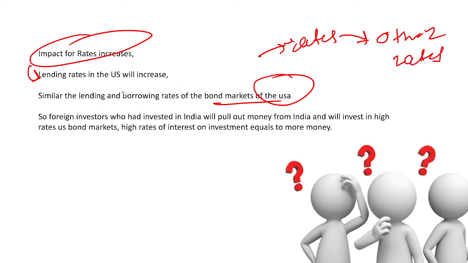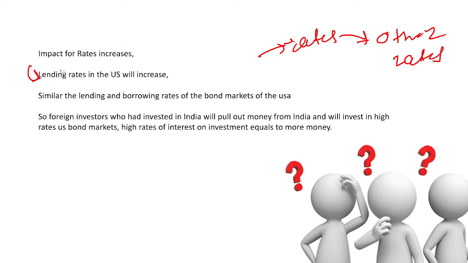Now if the bond market rates are increased within the US, then all the companies or foreign investors who have invested in other economies will take out their money from those economies, because they'll be getting a lower return on investment there, and they'll invest in the economies where they'll get the high interest rate, right?